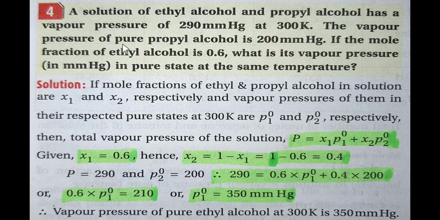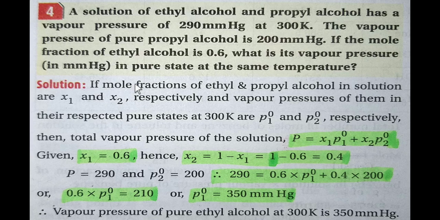The vapor pressure of pure propyl alcohol is 200 mmHg. If the mole fraction of ethyl alcohol is 0.6, what is the vapor pressure in mmHg of ethyl alcohol in pure state at the same temperature? So we have to calculate ethyl alcohol's vapor pressure at this temperature.